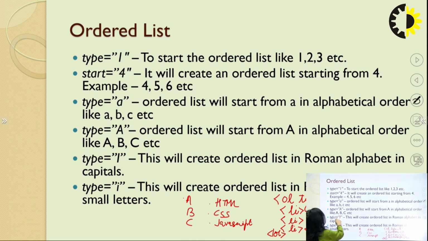The next one is type is equal to Roman letters 1, 2, 3.